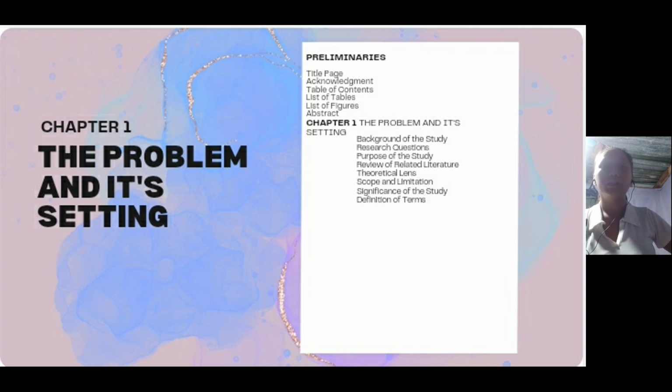Next is the definition of terms. It gives your reader an understanding of the concepts in your study and some information on how you will be using those concepts. This is also important.